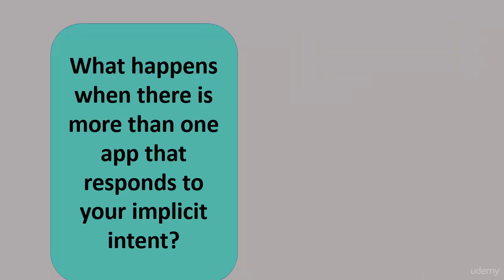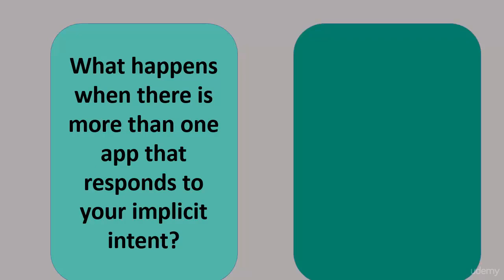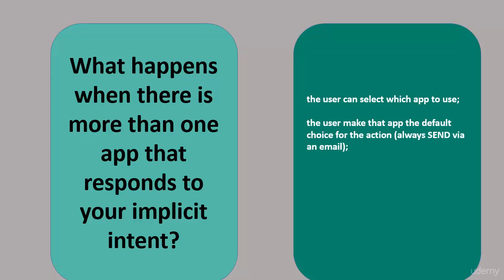Next question. What happens when there is more than one application that responds to your implicit intent? As in the case when we had, for example, Open Gallery. So what happens? The user can select which application to use. The user can make this application the default choice for this action. For example, always send this via email, or always launch this particular browser.